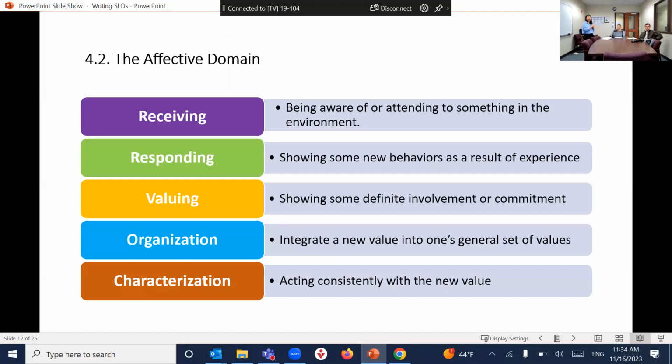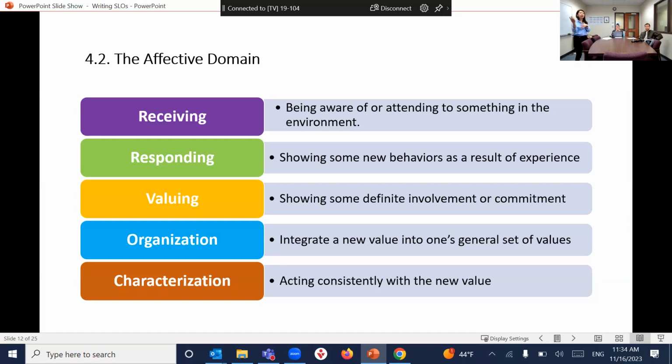For the affective domain, there are levels: receiving, responding, valuing, organization, and characterization. So what does it mean? Receiving, for example, is when students are in the class listening to the class, that could be receiving information.